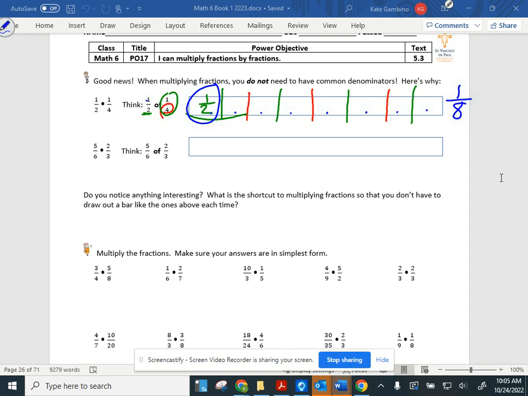Now let's think of 5/6 of 2/3. So I'm going to break my big bar into thirds, because we've got thirds here. How many boxes do you think I need to break a third into?